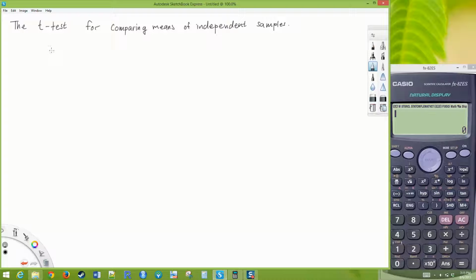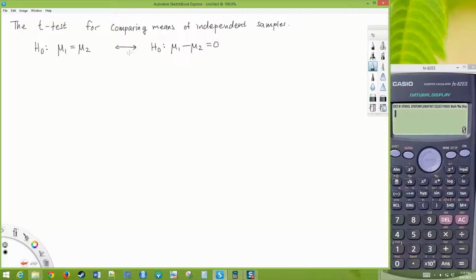So we start off with a pair of hypotheses. Our null hypothesis, we write mu1 equal to mu2, or this can also be rewritten as mu1 minus mu2 equals 0.